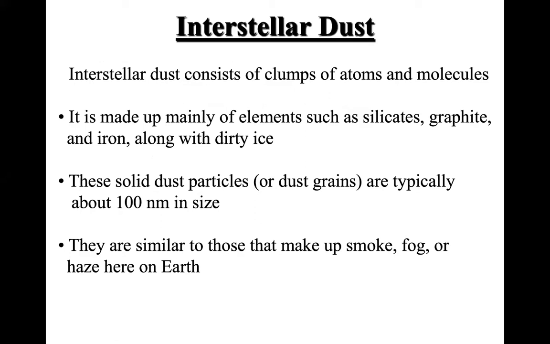And these solid dust particles are typically in the size of 100 nanometers. You can see they are a bit larger, and they are similar to those that make up smoke, fog, or haze on Earth. You know how fog or smoke looks on Earth, right? These dust particles act in a similar way in space. So that's what I want to mention here.